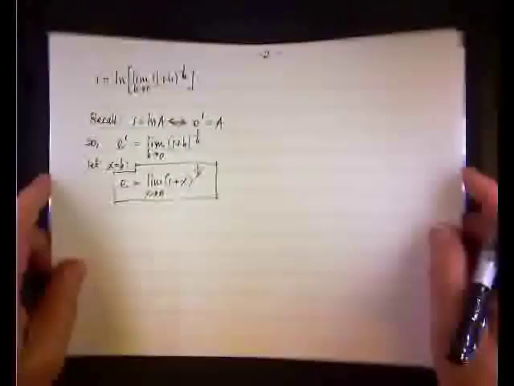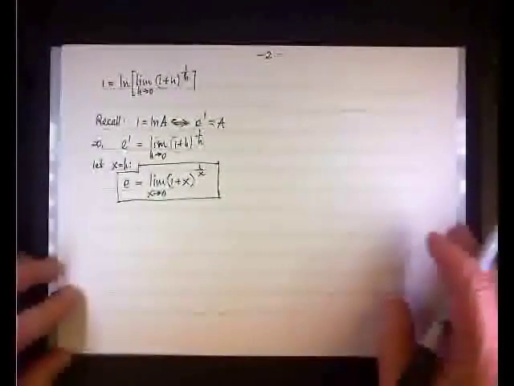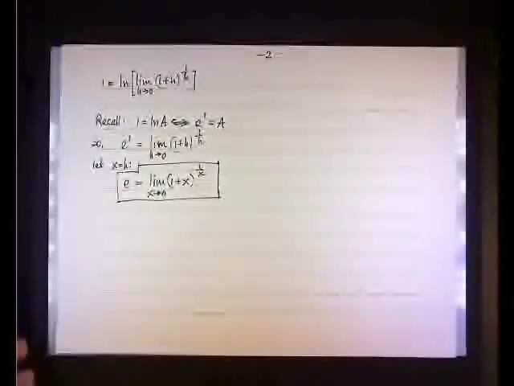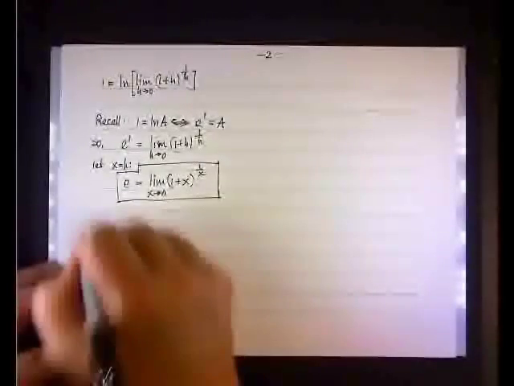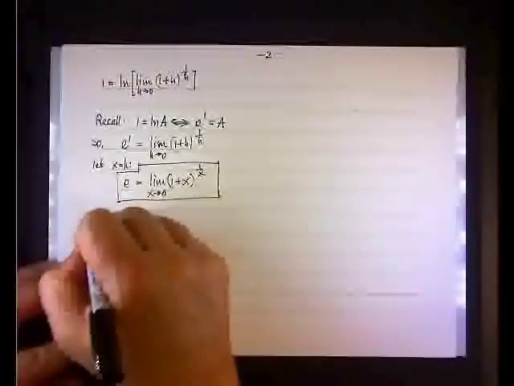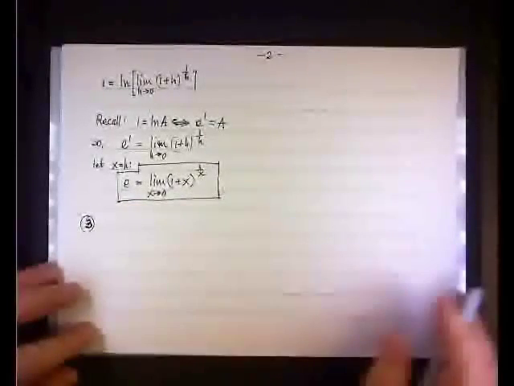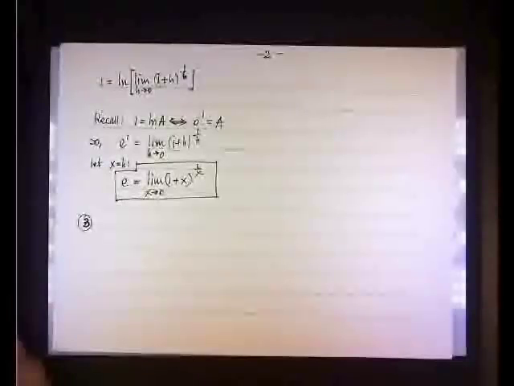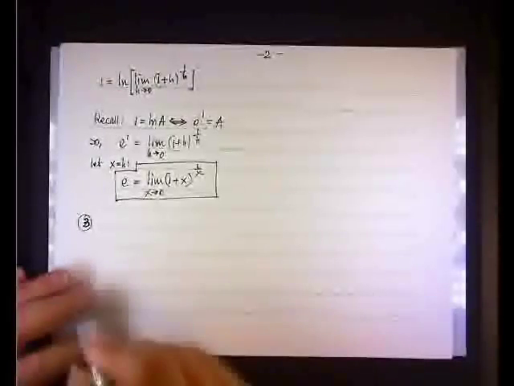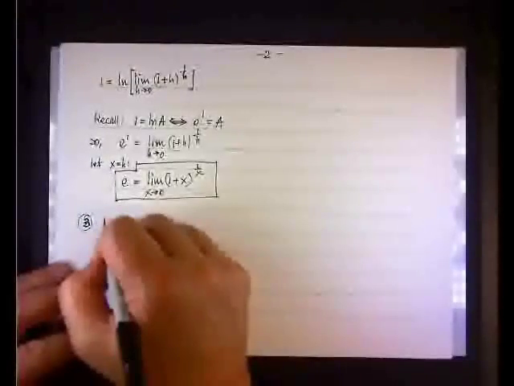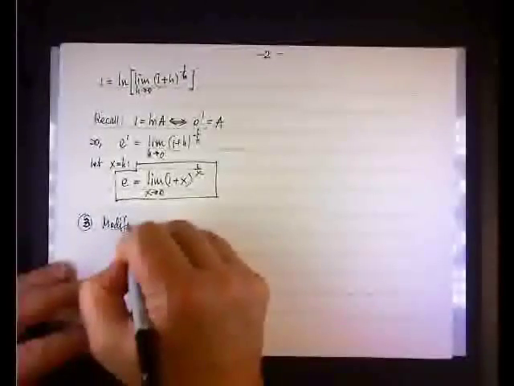Now, although this is a known definition, we can modify it just a little bit and get a better known definition of the number e. The modification is very simple. Let's use another variable z.